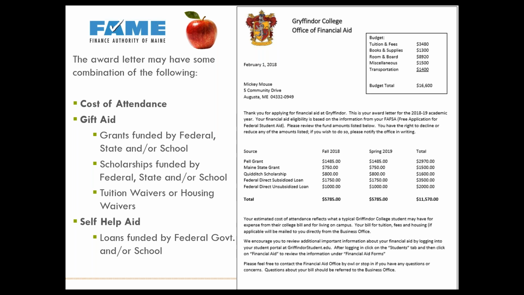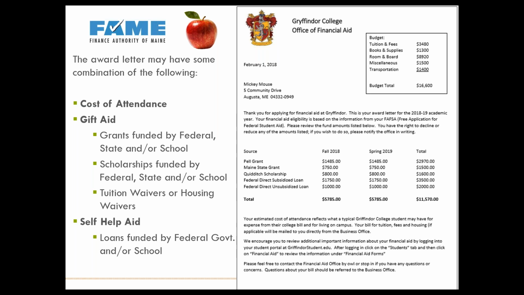It shows the gift aid, so you'll see it's broken out there in the middle, with the Pell Grant and the State of Maine Grant and the Quidditch Scholarship. So here we're looking at Gryffindor College Office of Financial Aid.